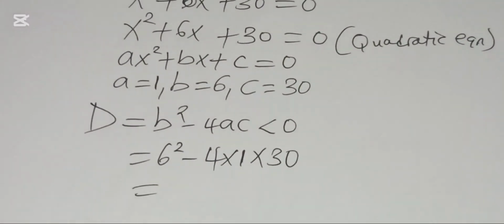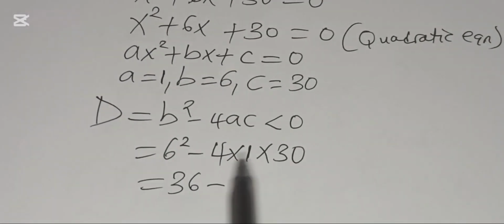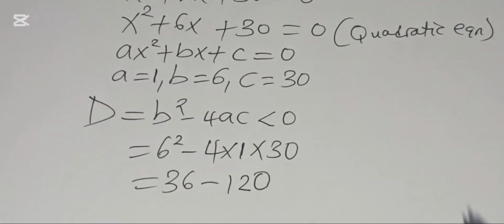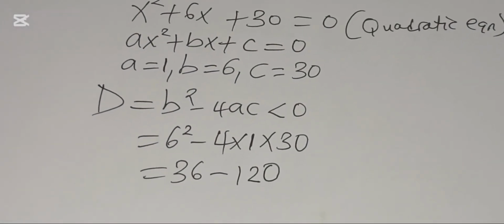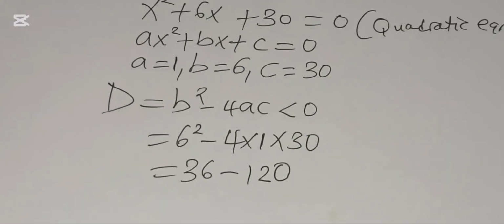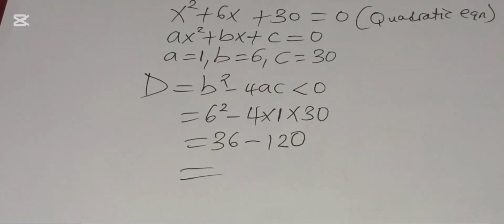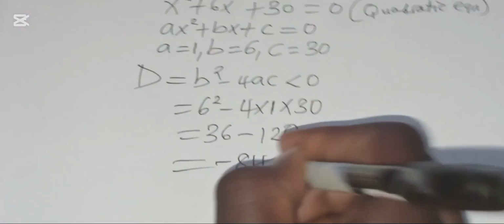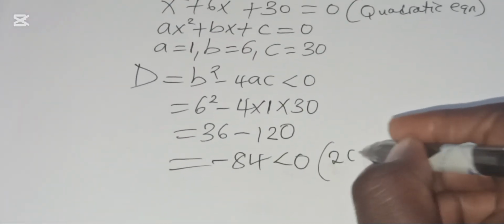So we have 6 squared, this is 36, subtract 30 times 4, which is 120. If you subtract this, we have 36 minus 120, this is equal to negative 84, which is less than 0. So this means that you have two complex roots.